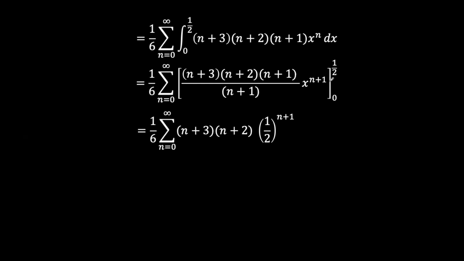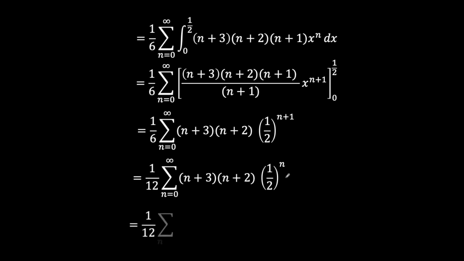Now we can simplify the half to the power n plus 1 by taking one of the halves out, so that we have 1 over 12 times the summation of n plus 3, n plus 2 from n equals 0 to infinity, and this again times a half to the power n. So this becomes a little bit dicey. We can multiply the two constants here.